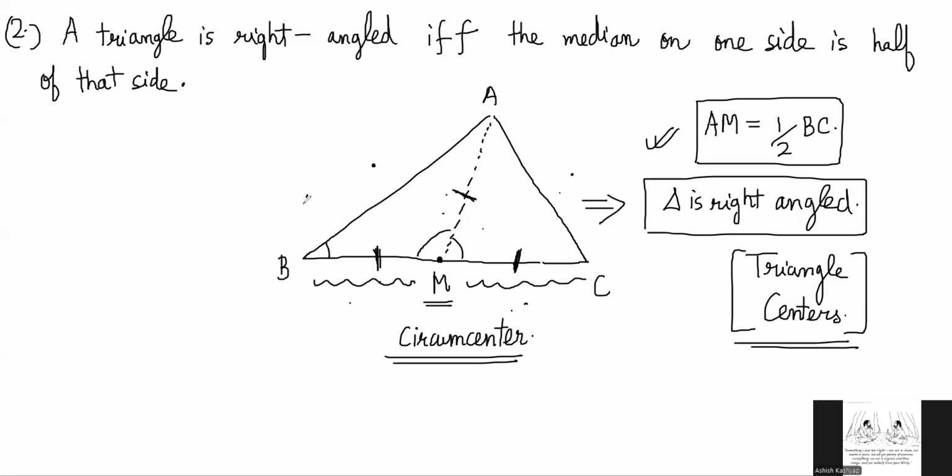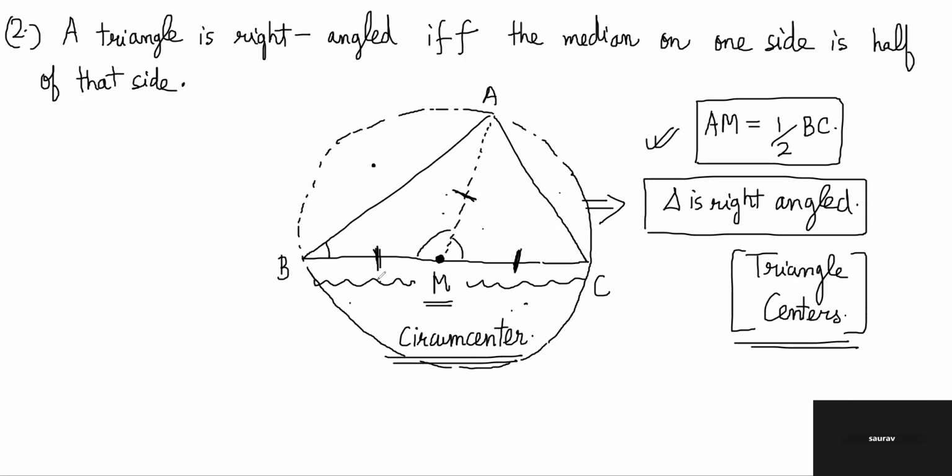So basically we can draw a circle like this, which passes through A, B, and C, correct? Yes. And the center of that circle will be M, right? Correct. And what is the radius of the circle? BM, or MC. So what is BC line?